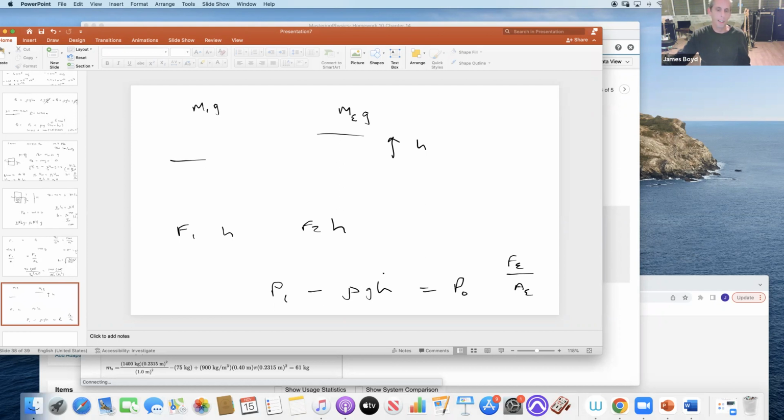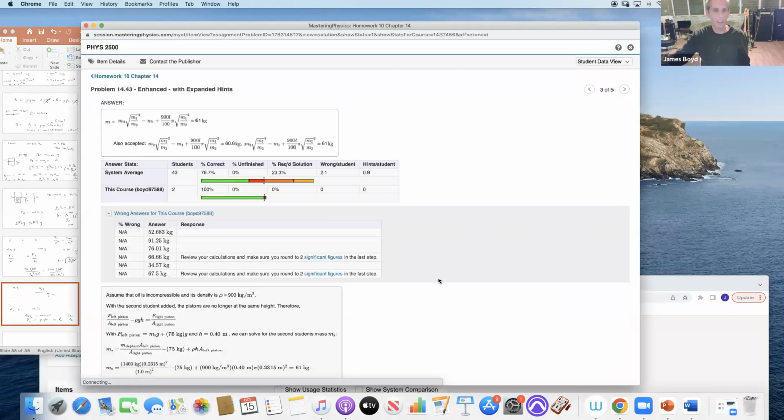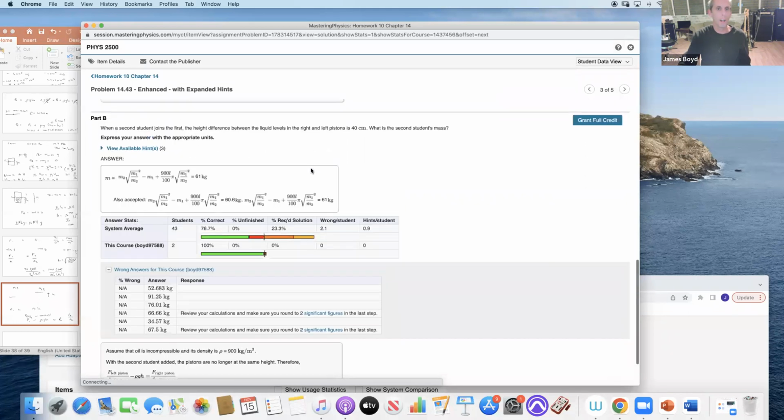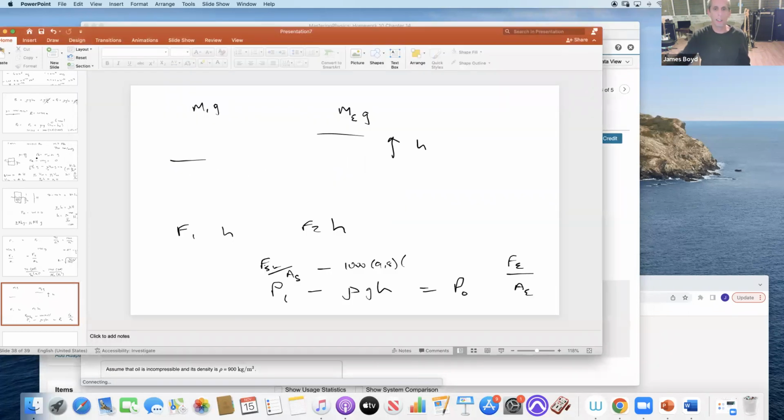This is the height. This is the force of the students over area of the students. And this is 1000 times 9.8 times whatever the height change was, 30 centimeters, so 0.4.